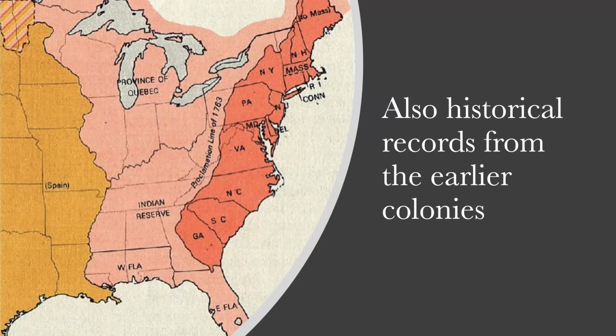It's not really a date that you can use to limit records, but it's a rule of thumb. You need to understand that some of those records previously, even though they were kept here, were English records, British records, and it's very possible that there are records in the British archives of the places that existed previously, like the 13 colonies.